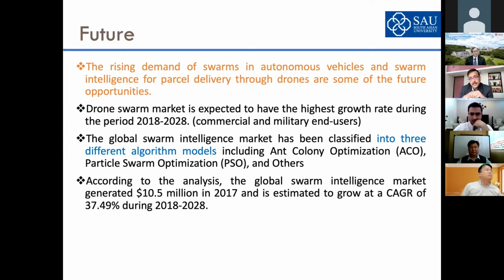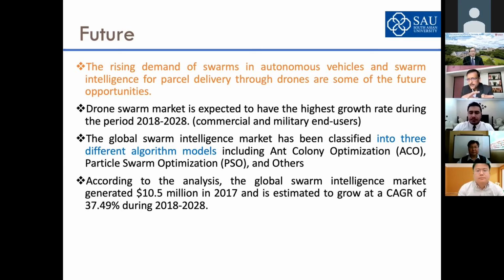If one car is ahead and there is some hurdle or obstacle and it takes a sharp brake, this information can be immediately shared within, say, a 1 by 1 kilometer area, and other cars can get alerted that at that particular place there is an obstacle, so let's slow down. This similar kind of concept can also be implemented with self-driving cars.